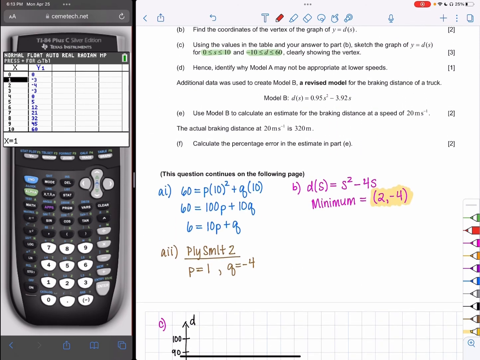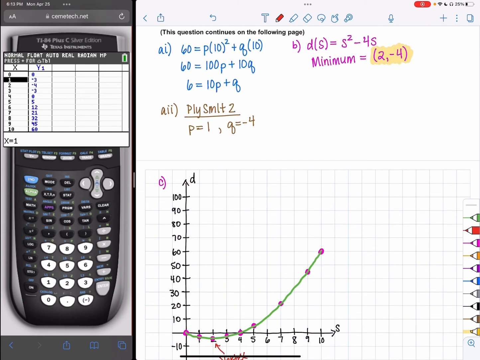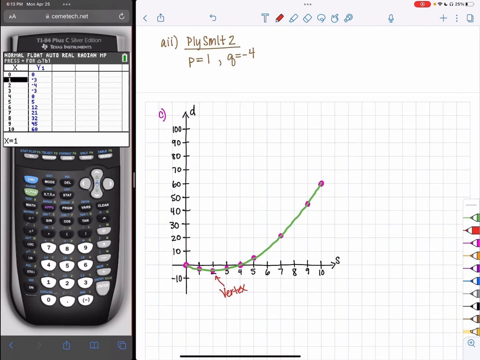So now back to part D, it says, hence, identify why model A may not be appropriate at lower speeds. Okay, so we can basically say that if we look at the graph here, we already know that anytime part of our graph is below the x-axis, that is indicating that there is a negative value there.